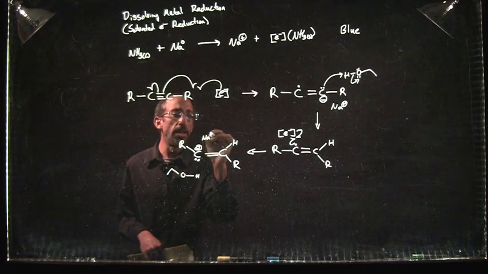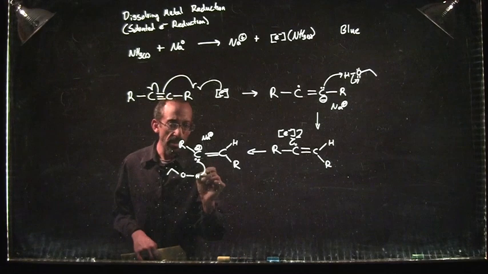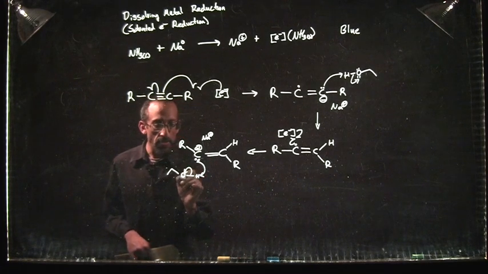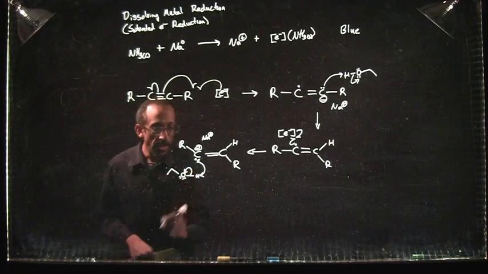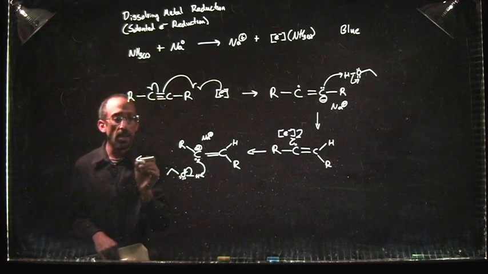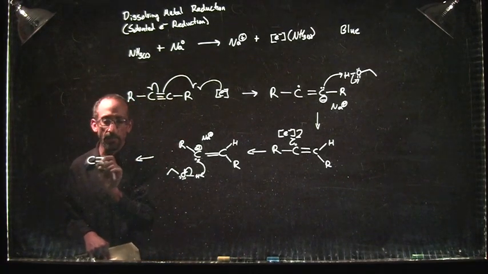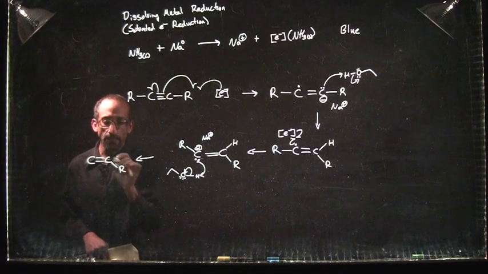We still have sodium cations in our solution. Another molecule of ethanol can come along to provide us with a proton to form our now trans alkene.